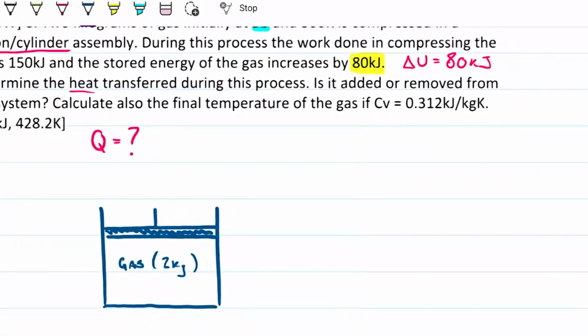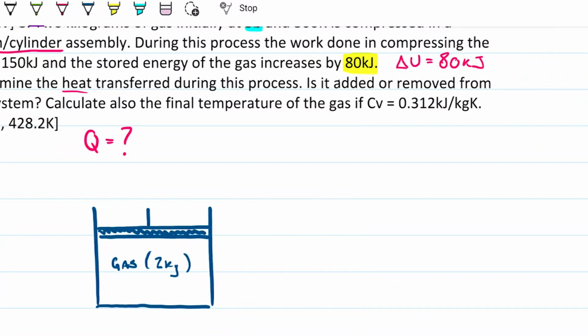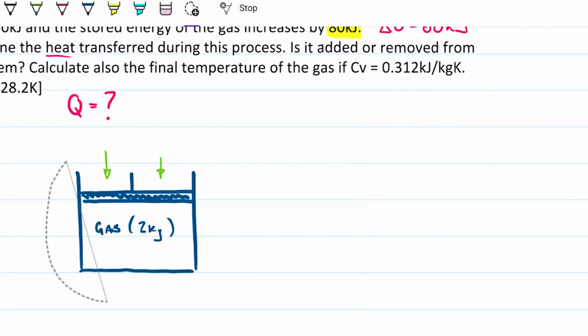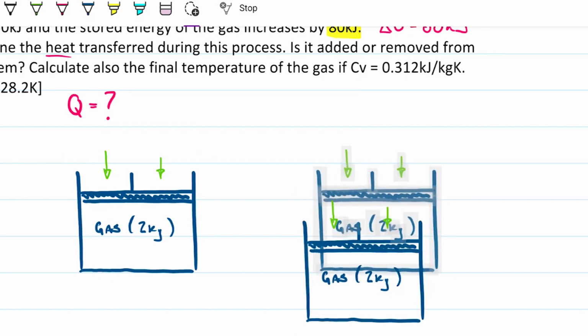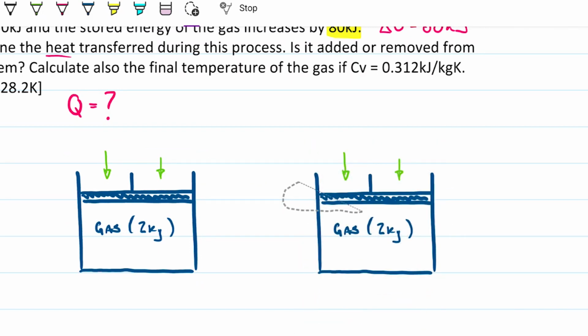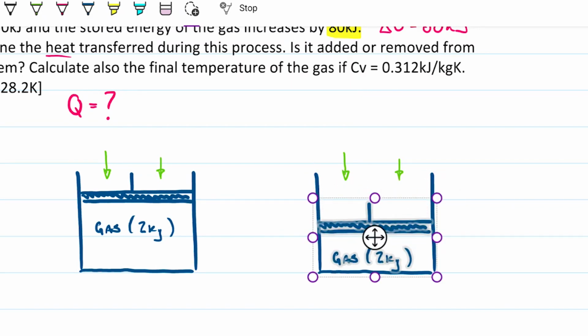What we're doing is compressing, so we're applying a force over this area to compress it. Because the piston can move, that's the whole idea of a piston, it's going to move downwards and we end up with something like this, as we go from state 1 to state 2.